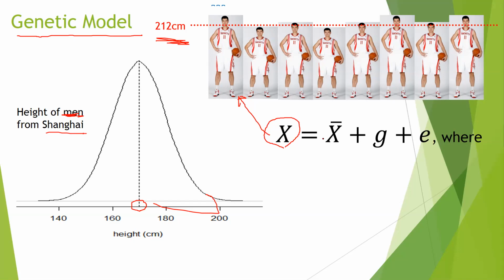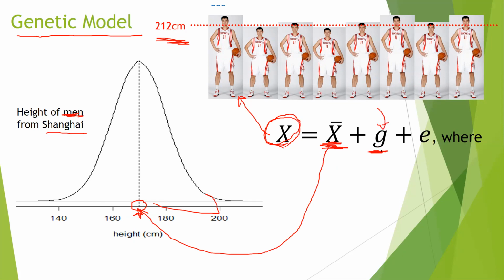Okay, all right. So here, the X bar is the average man in Shanghai. So, of course, his phenotypic value will include the average man in Shanghai, and also plus a G. This is the contribution from Yao family, genetics of Yao family.